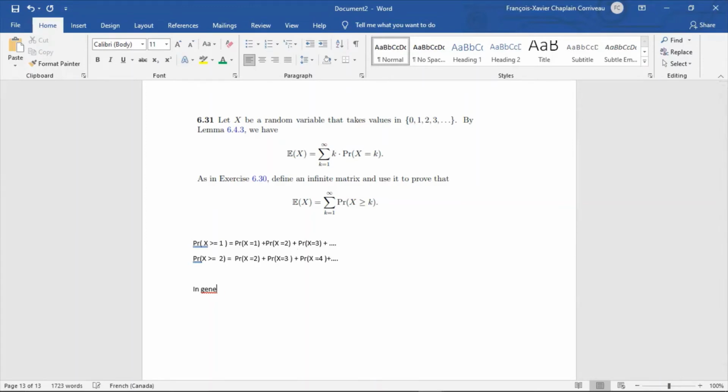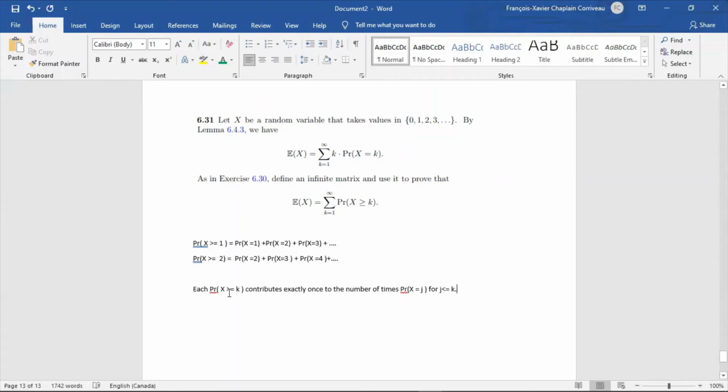Yeah, so I can say maybe each probability x greater or equal to k contributes exactly once to the number of times the probability that x is equal to j for j less or equal to k, right? I think that makes sense.